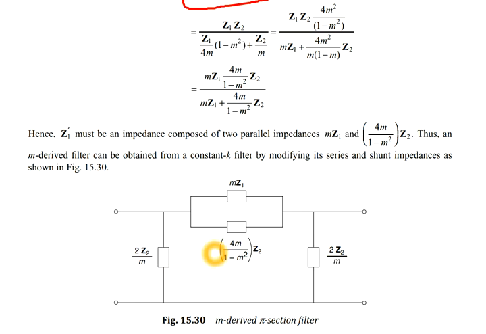So this is the difference between the m-derived T section and the pi section.